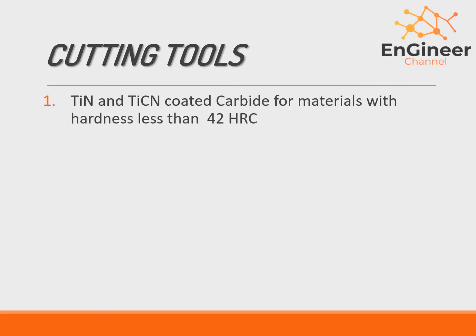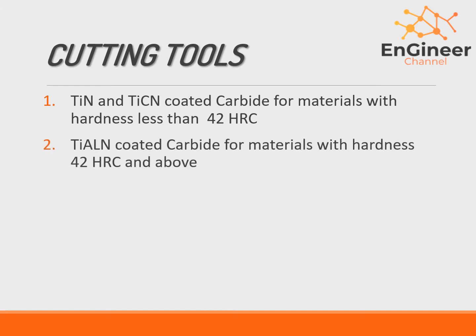Passing now to other themes, switching the cutting tools. High-speed machining, or HSM, has its tools. We have the TN and TCN coated carbide for material with hardness less than 42 HRC. We have also the TLN coated carbide for materials with hardness 42 HRC and above.